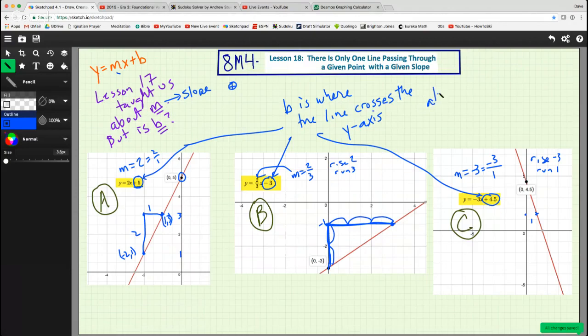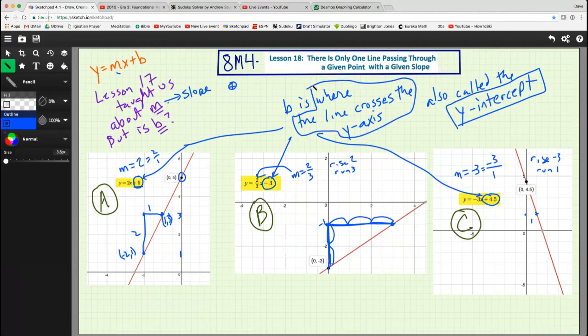This is also called the y-intercept. The y-intercept is where a line crosses the y-axis.